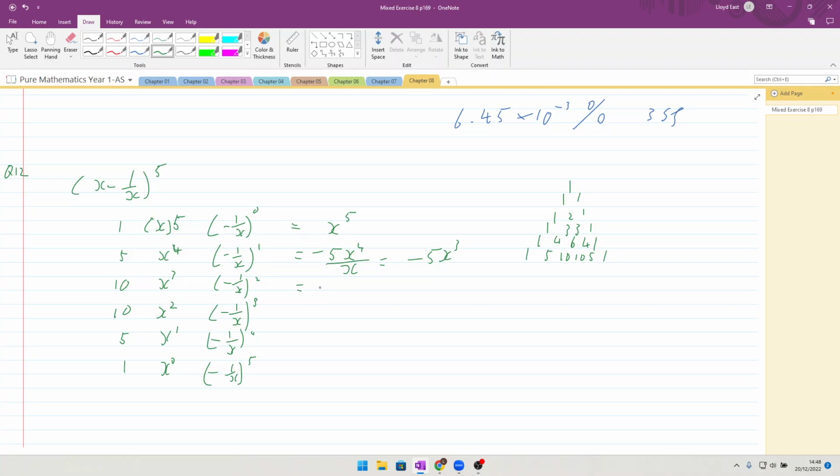This is going to be a 10x. The cube, the squared, leaves us just an x, equals a minus 10. The x squared's on the top go, but it leaves us an x on the bottom.